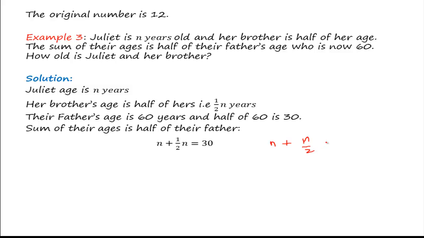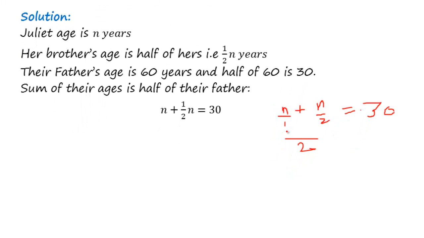N over 2, which is now going to be 30. You first do this one so that you clear it before you get to this 30. What is the LCM? This is the same thing as n over 1. The LCM of 1 and 2 is 2. How many 1s in 2? 2 times n is 2n.